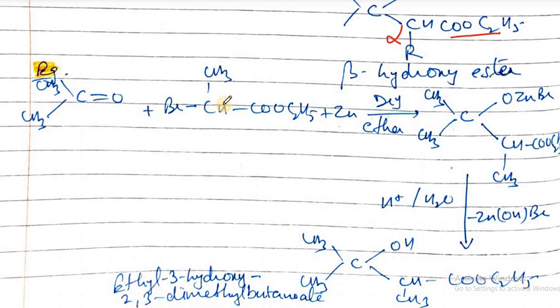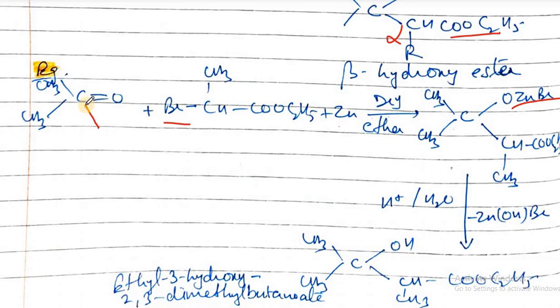Now this whole group will be attached to the carbon, leaving this bromine, and now OZnBr will be attached here, and this whole group to this carbon.